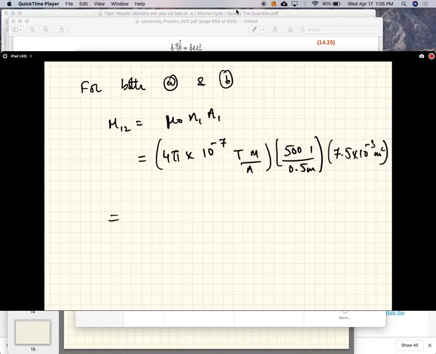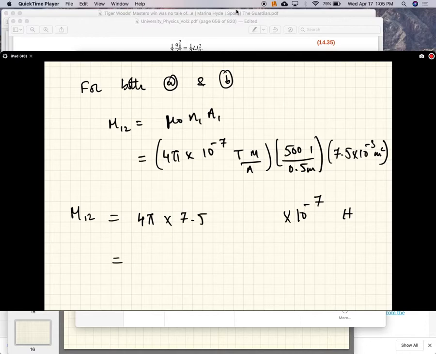And so all those units combine to give you henries. Inductance is measured in henries after Mr. Henry. And let's take care of powers of 10. There's a minus 7, so we'll borrow 3, and that will cancel that. So 10 to the 3 becomes 10 to the minus 4, and then you get a 3 again, 10 to the minus 7. So you have 10 to the minus 7 henries, 4 pi times 7.5.